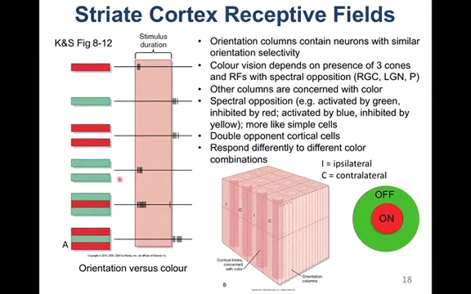We can make it even more complicated if we consider cone opponency, which we talked about last time, and color vision. So one of these columns may be dedicated to, remember we said that red and green are cone opponent, right? They're color opposites. So over here in the corner we have, say, a red on center, green off surround.